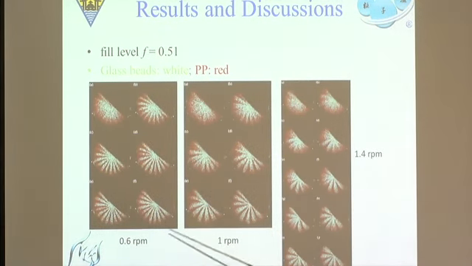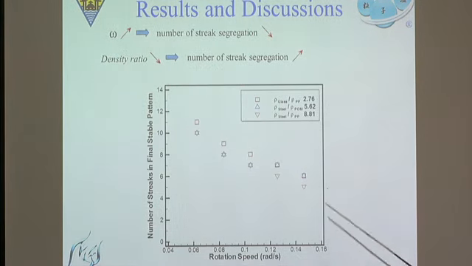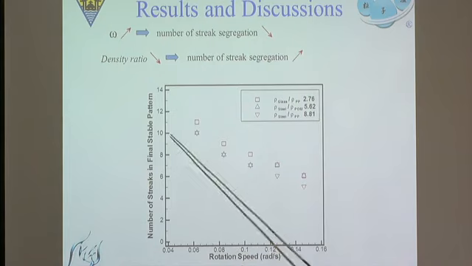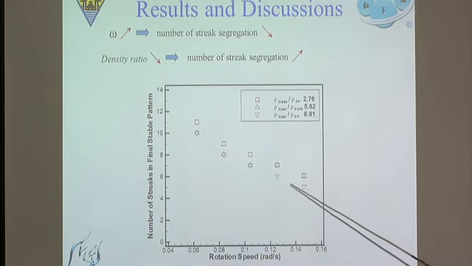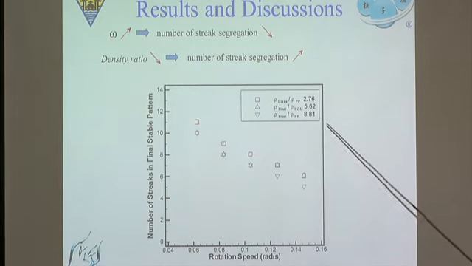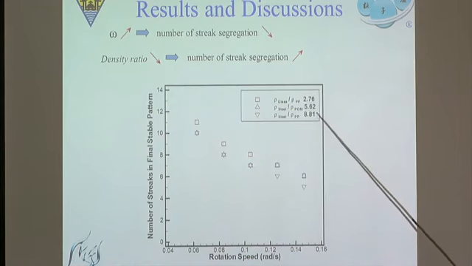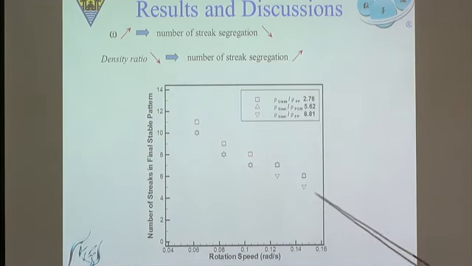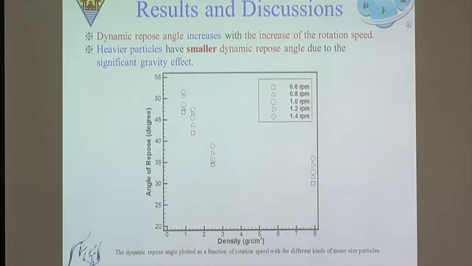So we can see here 0.6 RPM, 1 RPM, 1.4 RPM. This is the number of streaks formed, and this is the rotation speed. As I mentioned, with higher rotation velocity, we have a smaller number of streaks. And also, if we have a higher density ratio, we also have a smaller number of streaks.